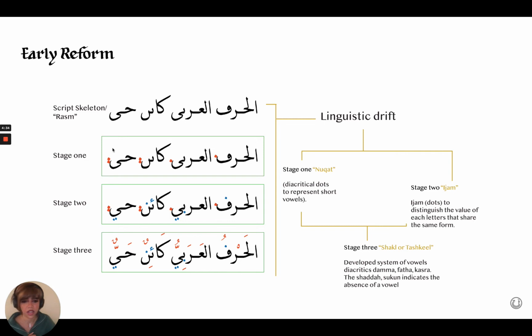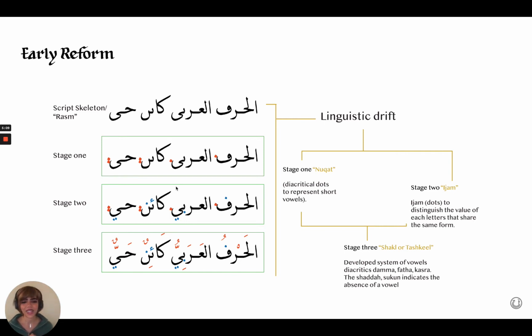Because in the Arabic we have 28 letters, 18 basic letter forms, 22 of which have four shape variations and six of them have two shape variations, people started facing a different problem, which is identifying the letter shapes that have the same form.